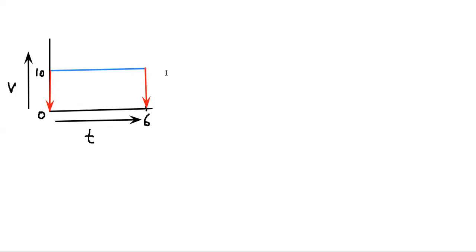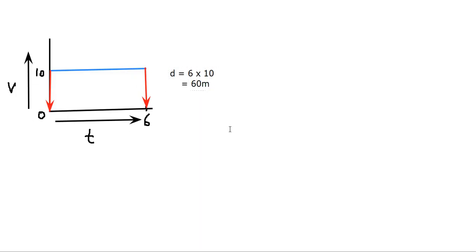So in this case, distance would be equal to area of rectangle, and rectangle is L into B. The length is from 0 to 6, so that is 6. And the width is from 0 to 10. So 6 into 10. Answer to this question would be 60 meter.